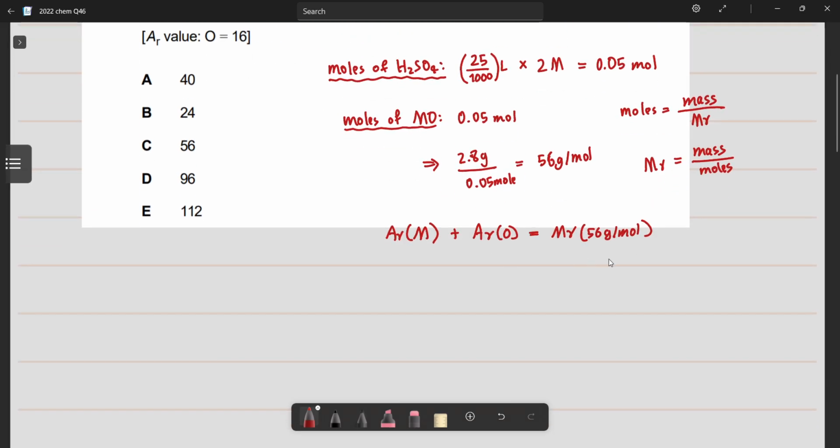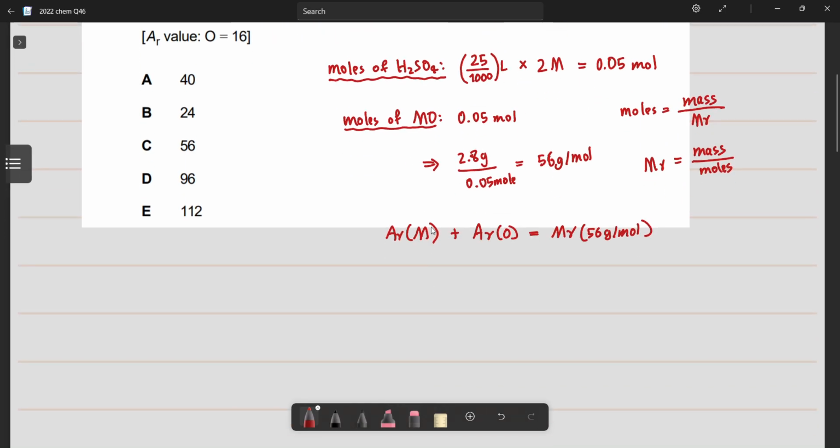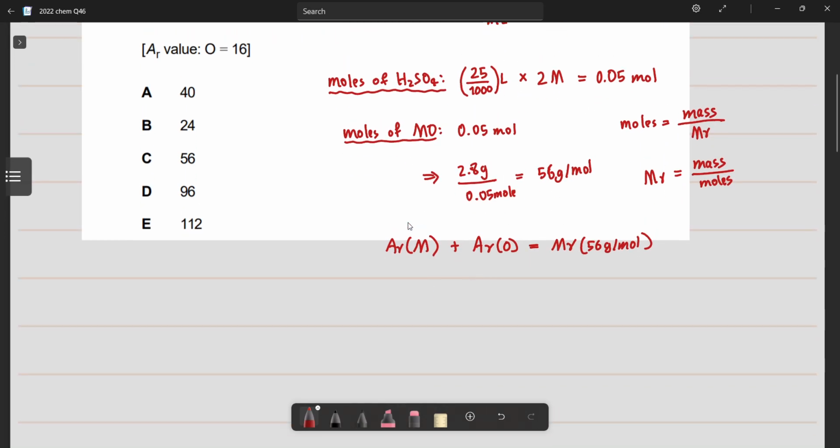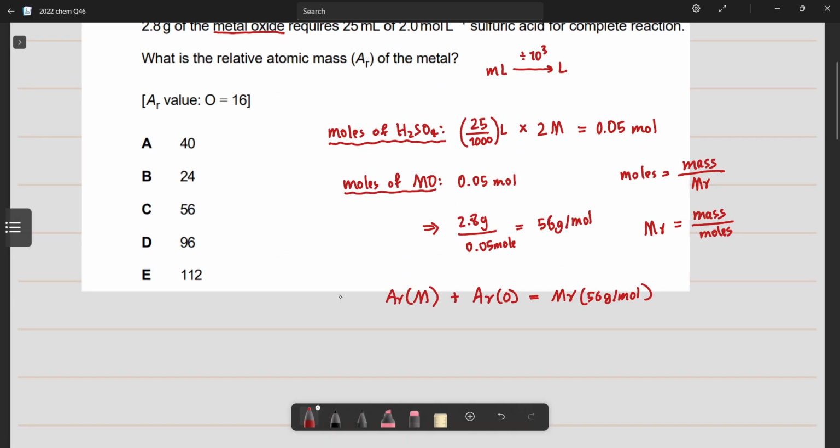This will help me find the atomic mass of only the pure metal, not the metal oxide. This molar mass is the molar mass of the metal oxide. I know the atomic mass of oxygen is 16. So the Ar of the metal plus 16 gives me 56.